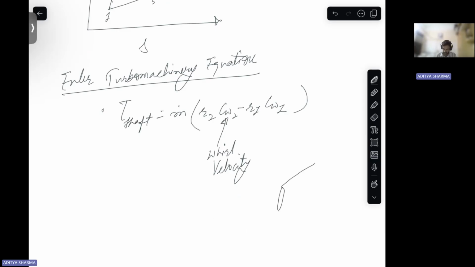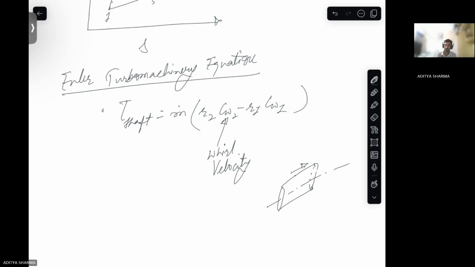So if you have this as your shaft, the velocity in this direction is axial velocity. If you see the top, then one velocity will be just perpendicular to this sheet.